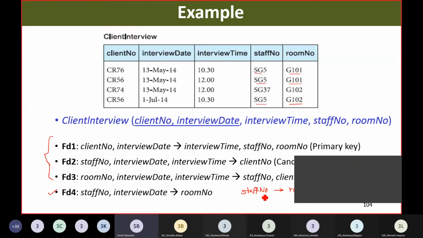So only staff number will not determine room number. So this is not valid. But staff number on a particular date, right, will be allocated a specific room. So staff number, interview date will determine room number, because on a particular date the same staff number is allocated the same room number.